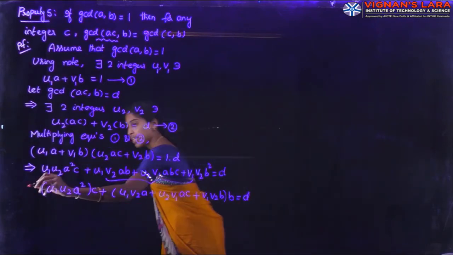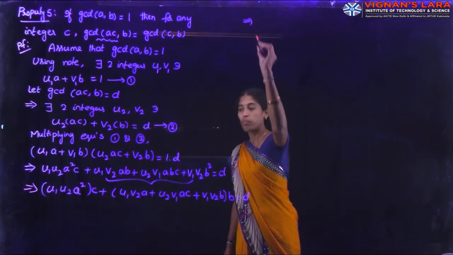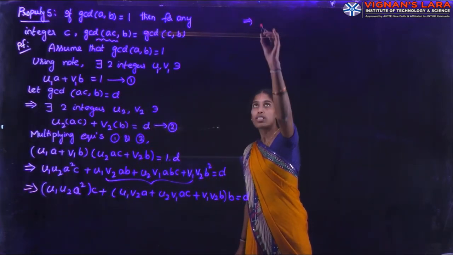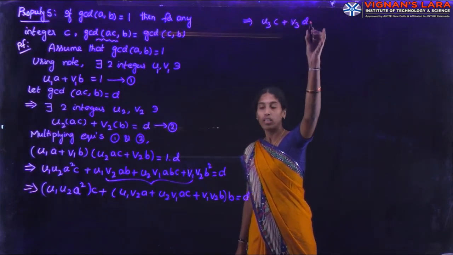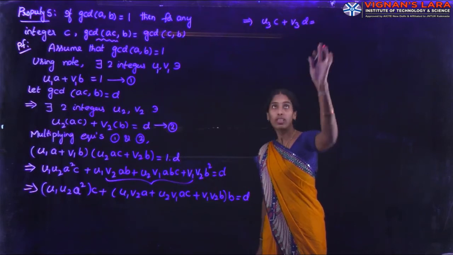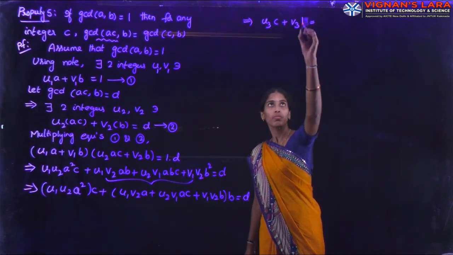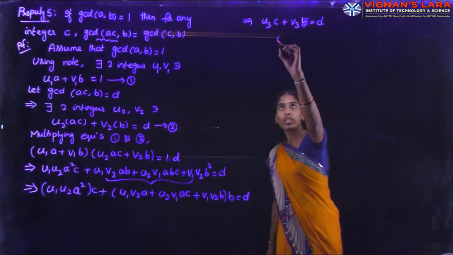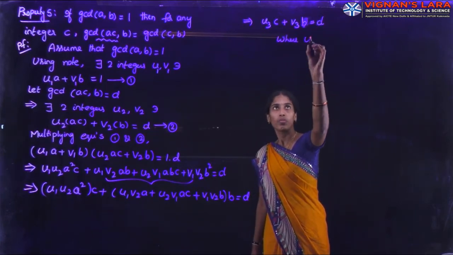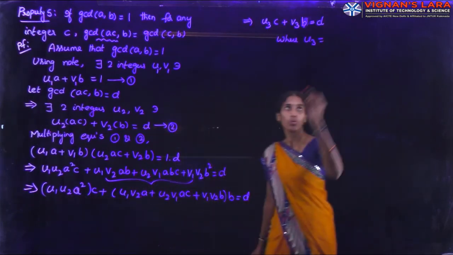So we can write this as some u3c plus v3b is equal to d, where u3 is equal to, what is u3? The first term, u1 u2 a square.